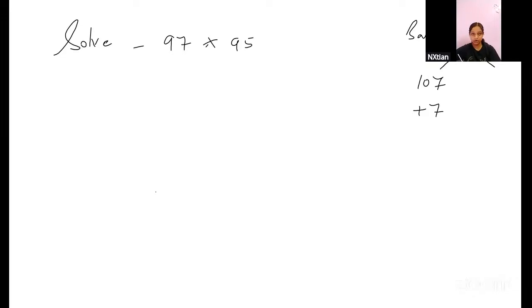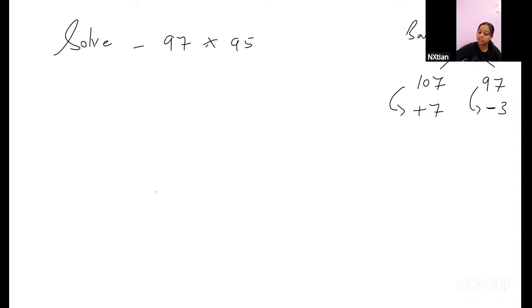For example, 97. 97 is close to 100, so the base will be 100 only, but the deviation will be negative. Its deviation will be minus 3.